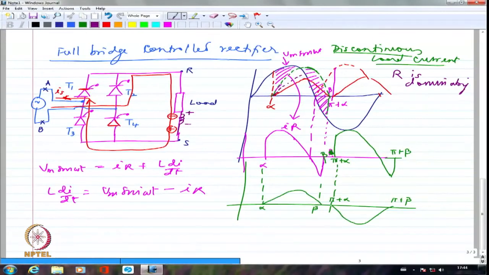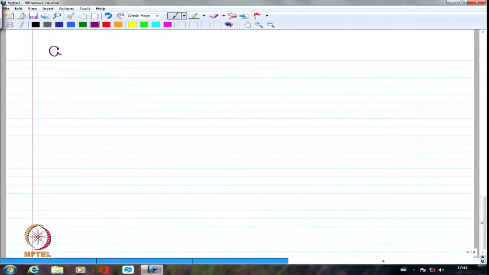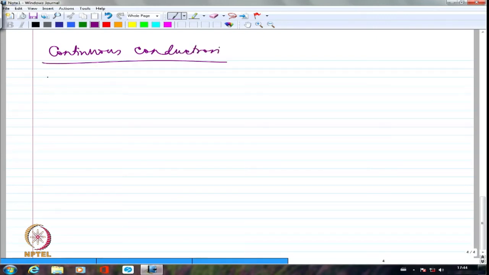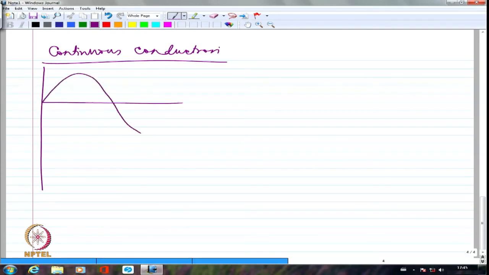So let us look at the kind of waveform corresponding to continuous conduction. So I am going to have the voltage waveform like this, right? And I am saying continuous conduction, which means the current cannot start from 0.